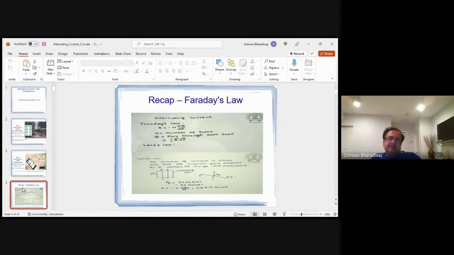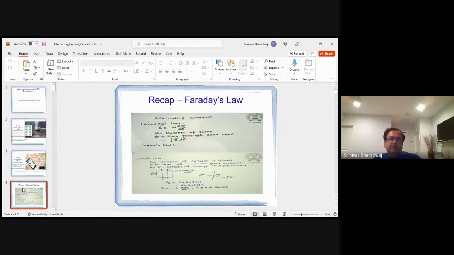And AC is an effect that is introduced by what is known as Faraday's law. Faraday's law states that the induced EMF is proportional to the rate of change of flux, and opposes the change. The direction of the current is always such that it opposes the magnetic field.